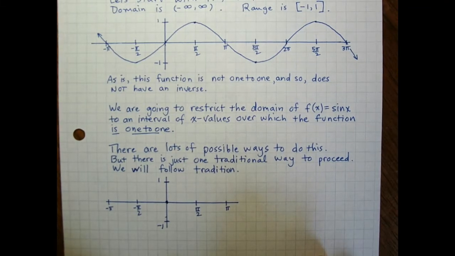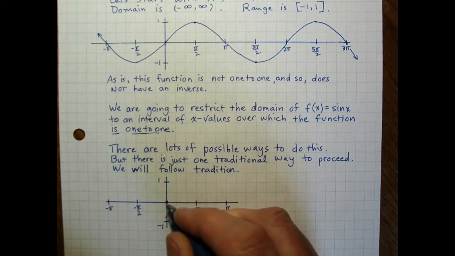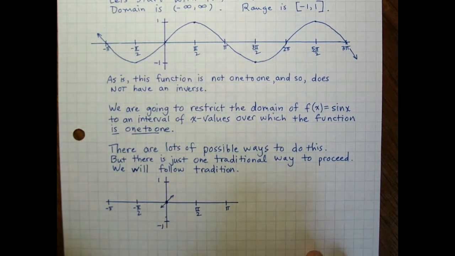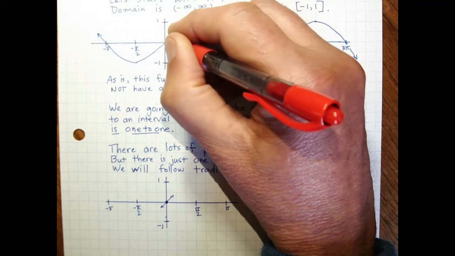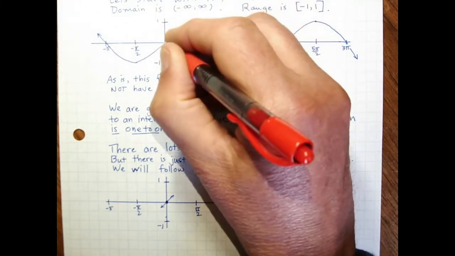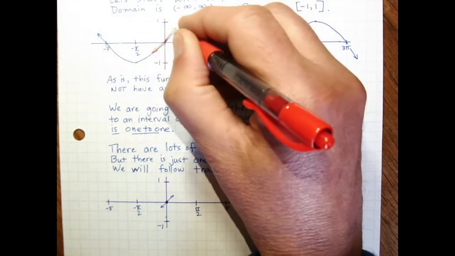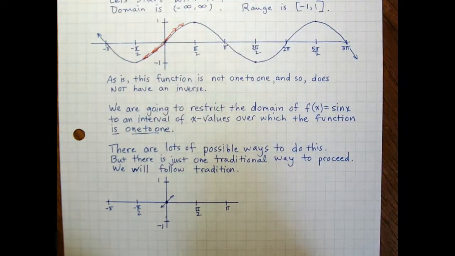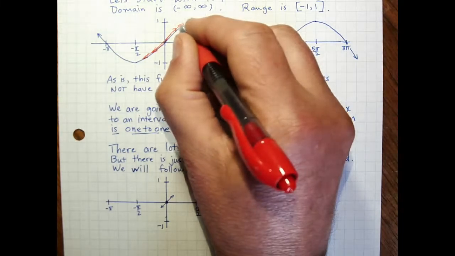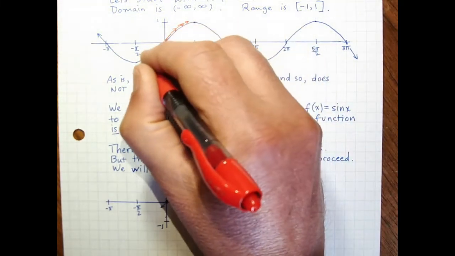And then they wanted to take as much of the graph of sine going in each direction from 0, 0 as possible. So if I go back up to our sine wave here, it's kind of like we want to extend that way and that way as far as we can in both directions and still have a one-to-one function.